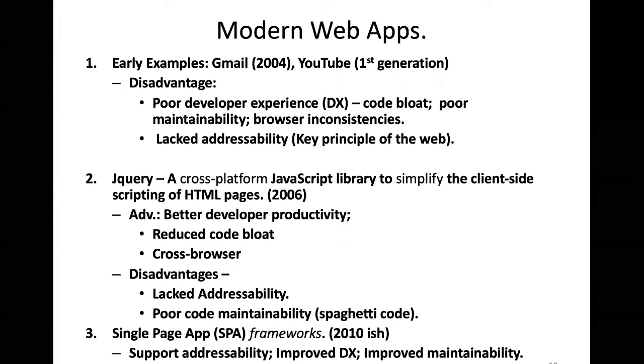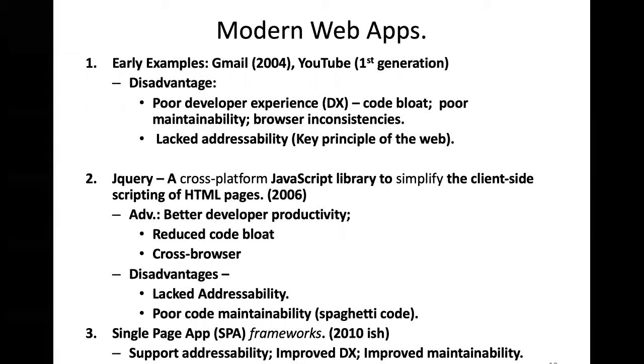So the modern web app that you might have been developing back in 2004, there wasn't really much best practice in terms of how you structured your JavaScript code. There was a heck of a lot of JavaScript code, so there was a lot of code bloat.